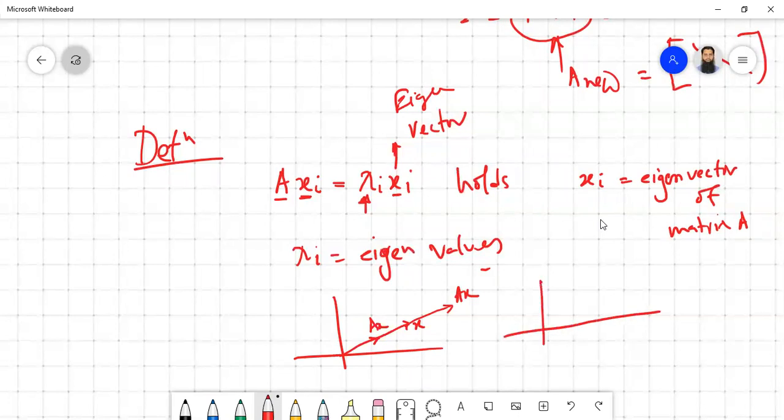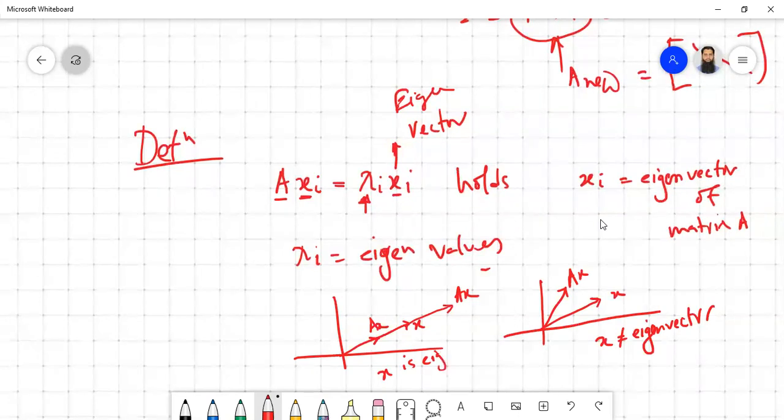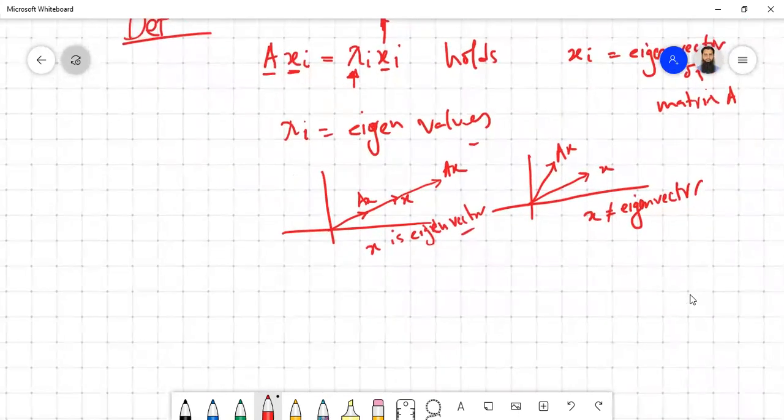But if you have a vector that is multiplied with your matrix A and it goes somewhere else, not collinear, then this X is not an eigenvector. In the first case, X is an eigenvector. So this is the graphical meaning of eigenvector.